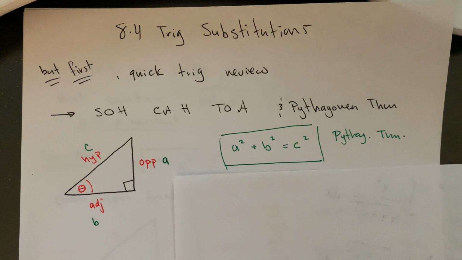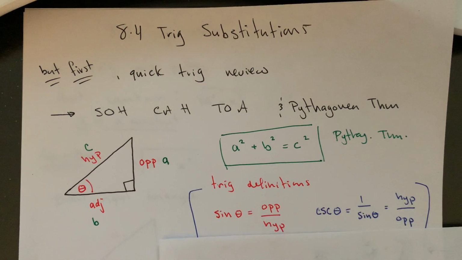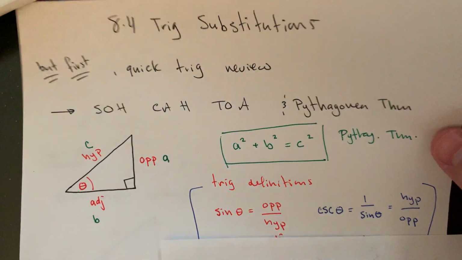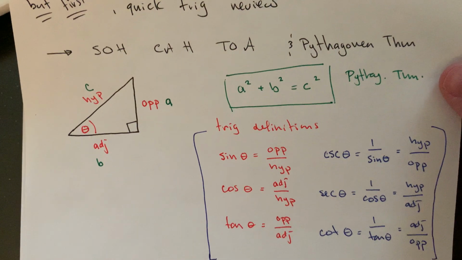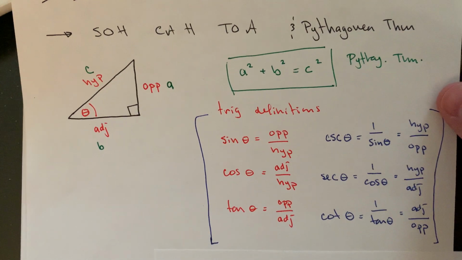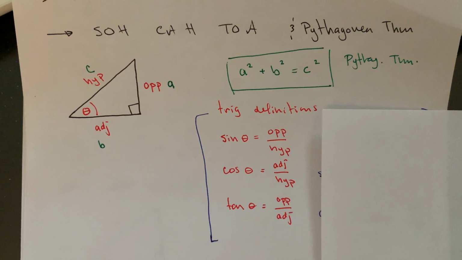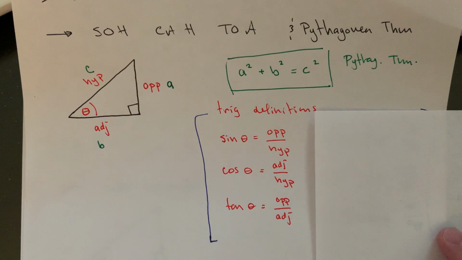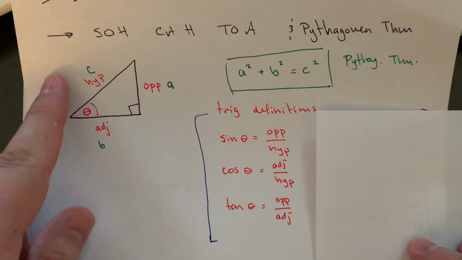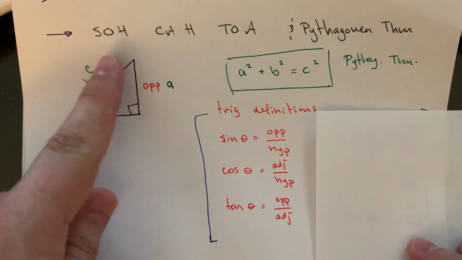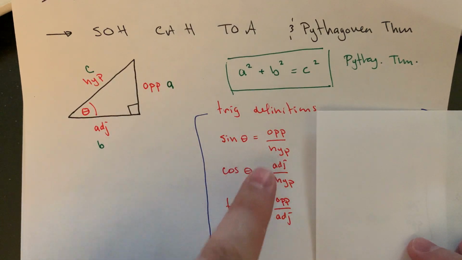From those side-length definitions, we go back to our original trig definitions. I'll cover all three. These are the SOHCAHTOA definitions. The sine function is the opposite divided by the hypotenuse: SOH, sine opposite hypotenuse.